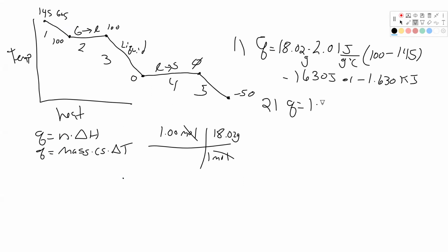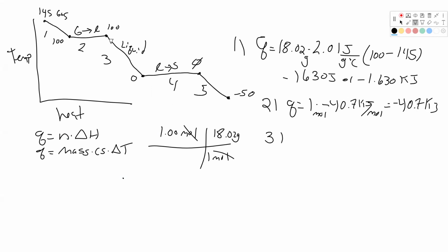So delta H of vaporization is 40.7 kilojoules per mole, so for condensation it's negative 40.7 kilojoules per mole. That was 1 mole. So the energy released when cooling 1 mole of steam to water is negative 40.7 kilojoules.